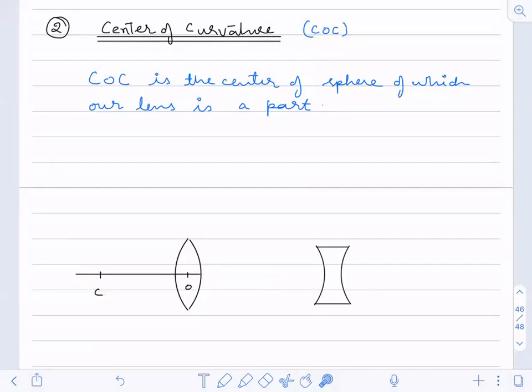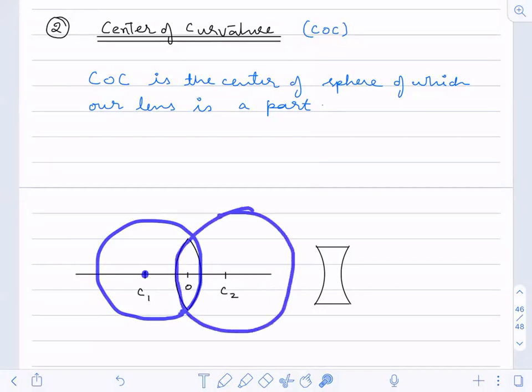If I draw an imaginary sphere for this surface, it should be a little bit closer, somewhere here, then it will be better. C1 and C2. Now see, if I draw a curvature assuming this as a center, then I will draw a sphere like this. Another sphere I'll draw like this.